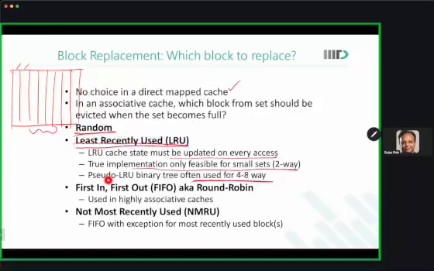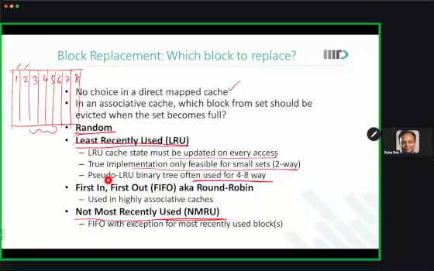And then the more performance-oriented one could be not most recently used. So you implement FIFO, but the only difference here is that if the block that needs to be evicted through FIFO is the most recently used one, then you don't evict it. Yeah, just give me a moment. So what do I mean by that? Let's say these are the blocks which came in this sequence.